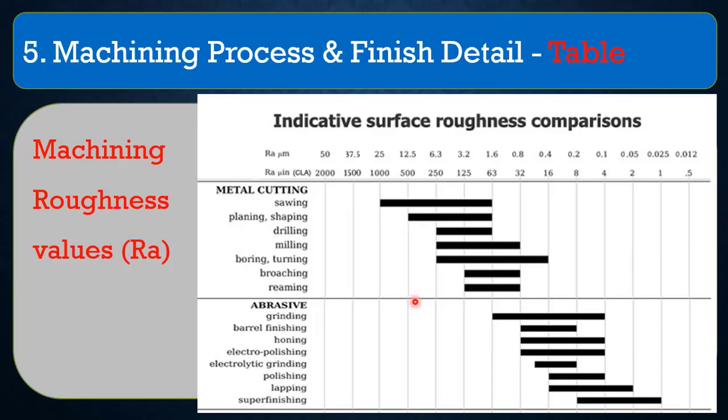And if I take any abrasive process of grinding or polishing, you will find polishing from 0.1 micrometer to 0.4 range. So this is very important with respect to the tool manufacturing functionality requirement. We need to know what the surface roughness requirement is.